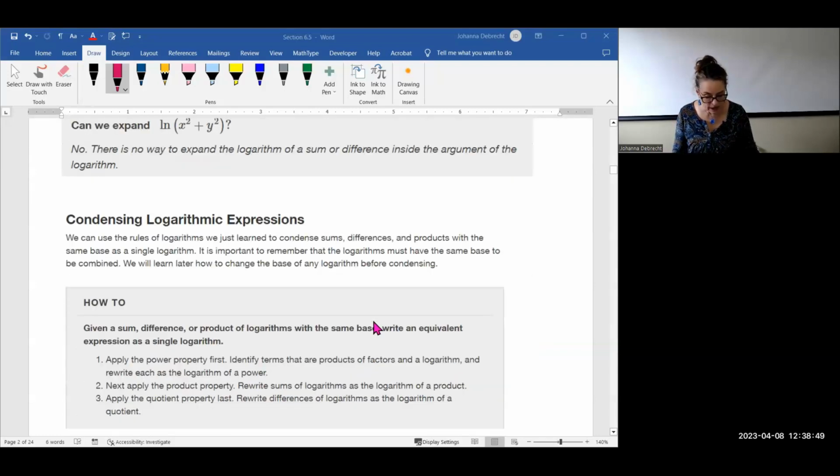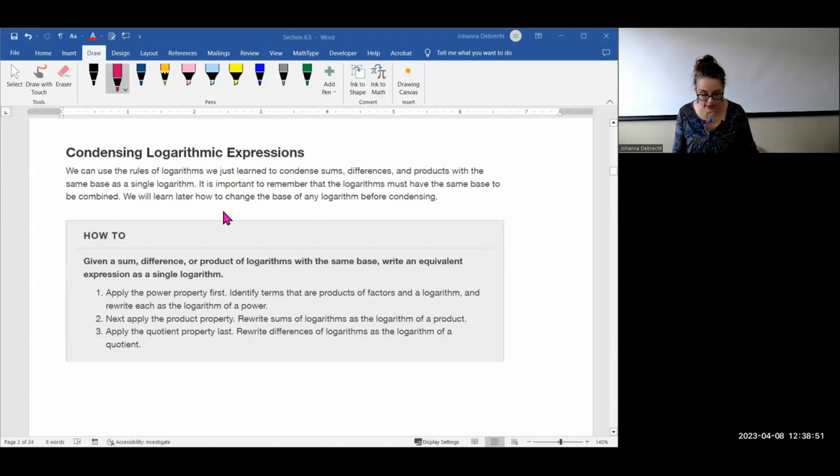Now we're going to go ahead and write down the rules for condensing logarithmic expressions. Earlier we used the logarithm properties to stretch it out as much as we possibly could. And then if it's stretched out, can we compress it back to one problem? And the answer is yes, of course we can.